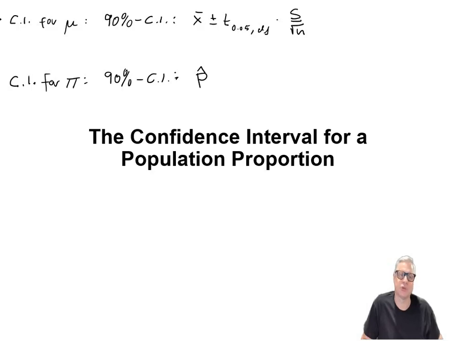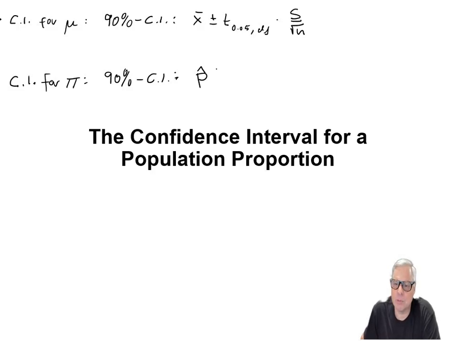So in our survey, let's say you had 30 students and I asked them whether they go regularly to the gym. If 12 out of the 30 said they go regularly to the gym, the estimated proportion would be 40%.